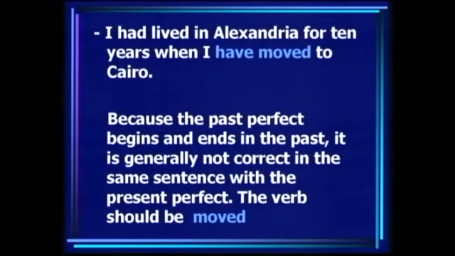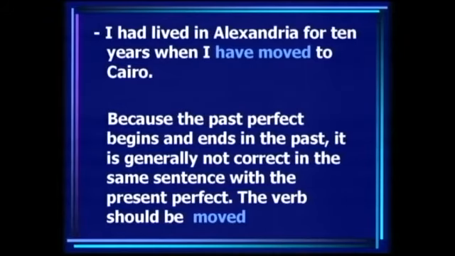Let's see. I had lived in Alexandria for 10 years when I have moved to Cairo. No, I can't use the present perfect here, have moved. I am talking about something that started and ended before something else happened also in the past.